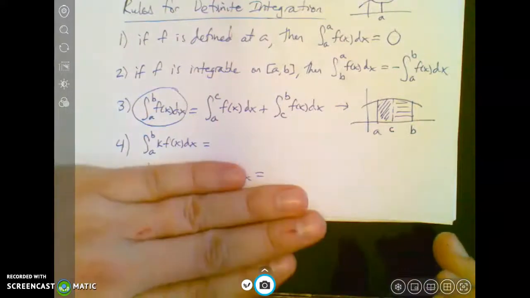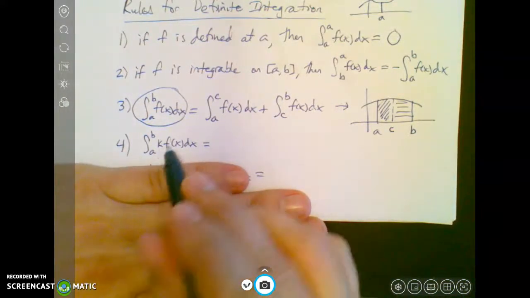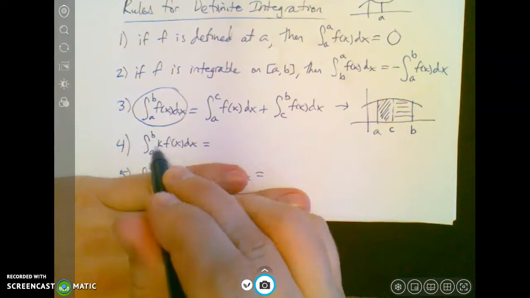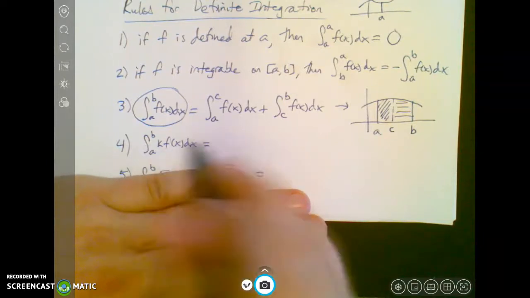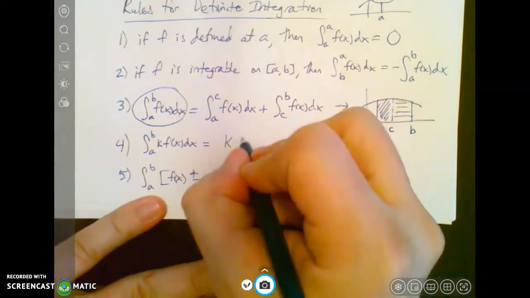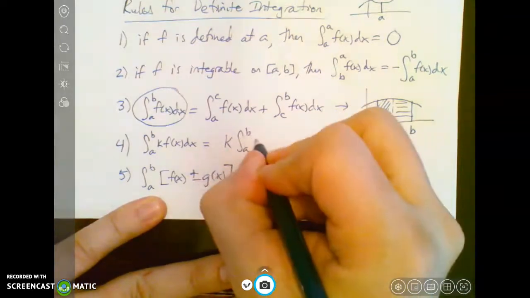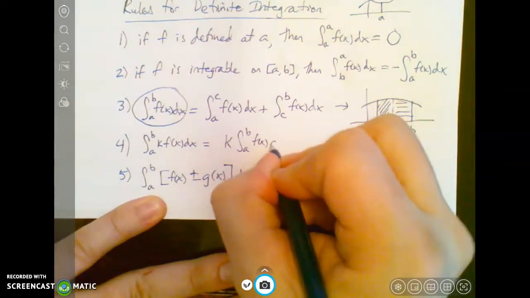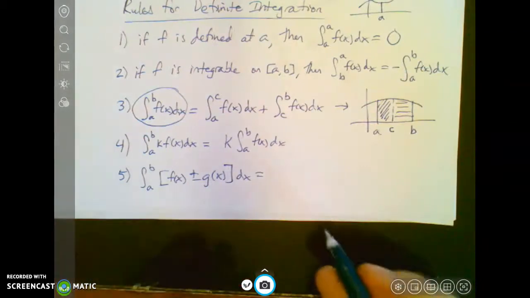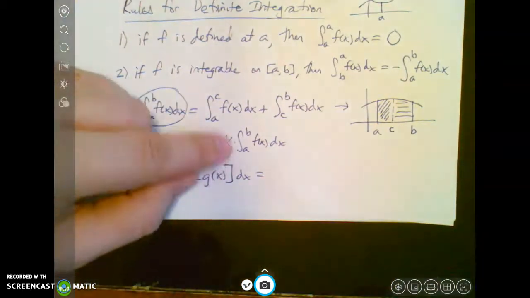All right, now for two easy ones that you probably would have guessed anyway. If you ever have the integral, the area under a curve of a number times f of x, you're allowed to take that number out and just find the area of f of x and multiply at the end, which is kind of handy because we're going to do a lot of that.